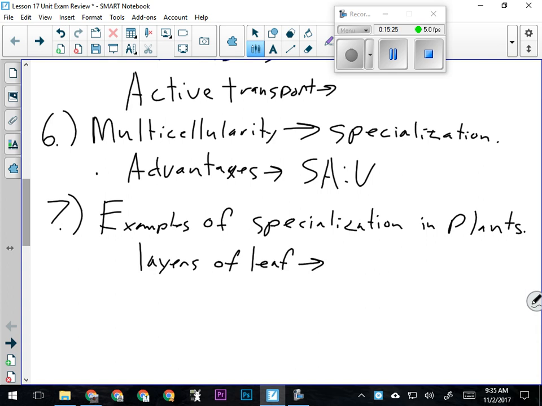So would it be important to know what all the layers do and their names? In the context of specialization. These cells are specialized to do this. These cells are specialized to do this. As a result, they look different. These cells have lots of chloroplasts. These cells have none. These cells have more fiber because they're part of tubes, et cetera. Those are the things that we need to be able to explain clearly when we're talking about the plant as an example of a multicellular organism with specialization.